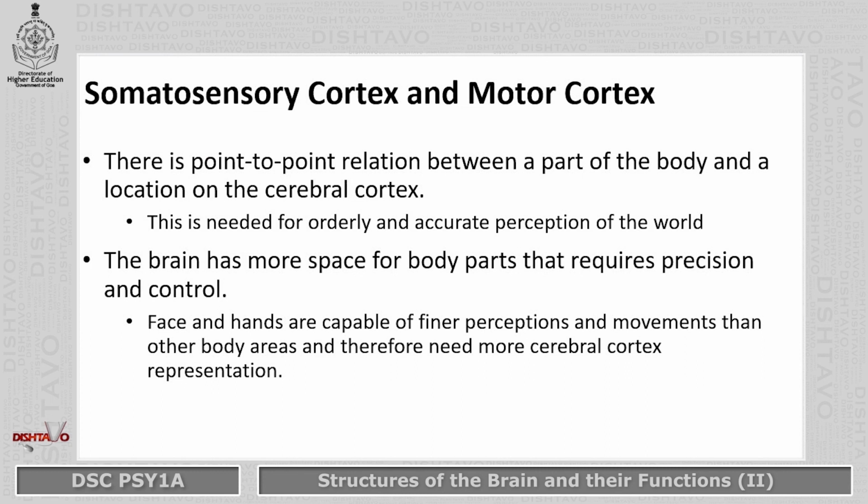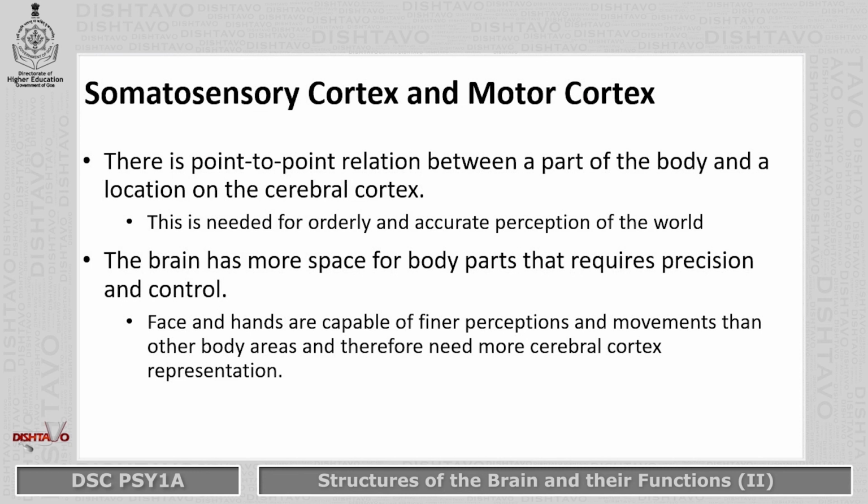The brain has more space for body parts that require precision and control. Now, the cerebral cortex, or rather the sensory motor cortex, somatosensory and motor cortex, has certain region devoted to each of the body parts. But this is not determined by how big that body part is.